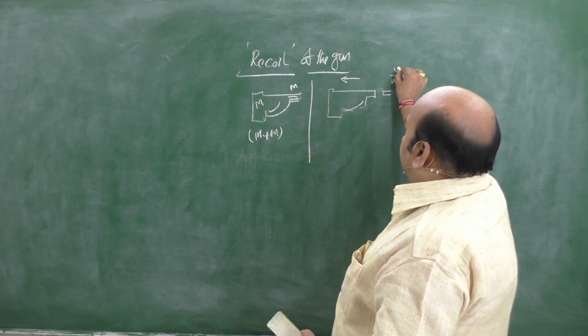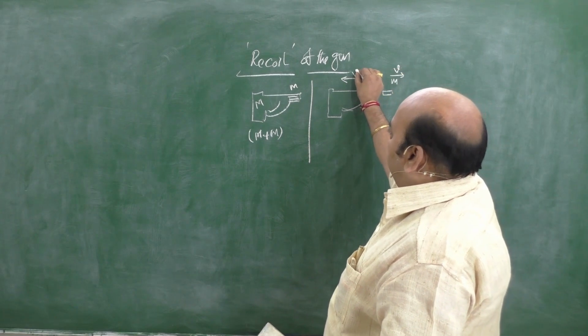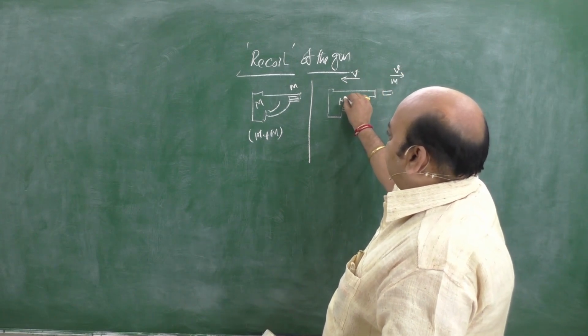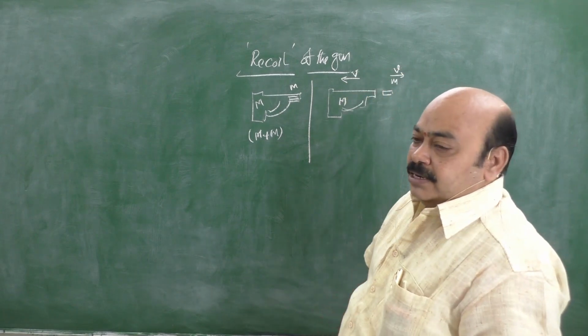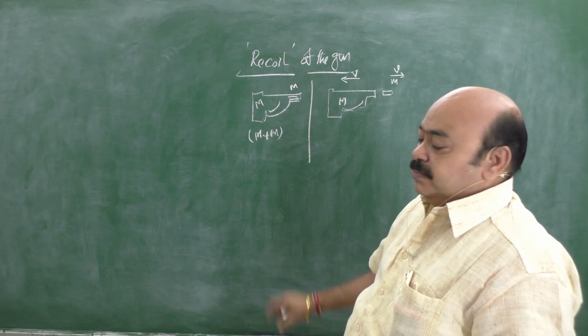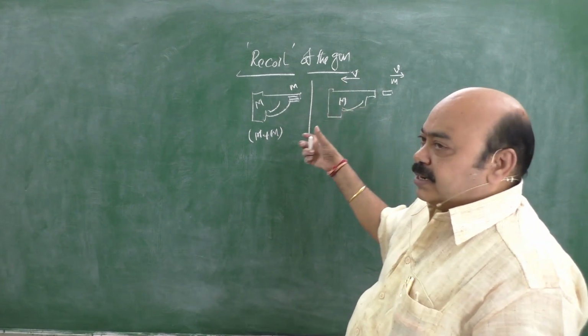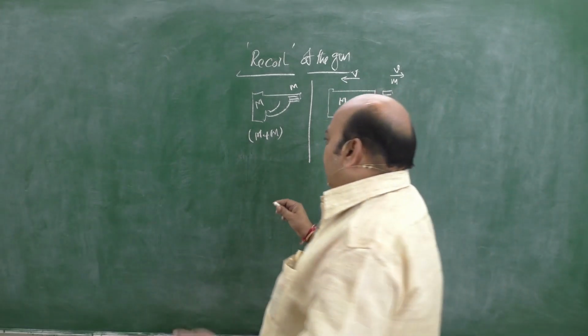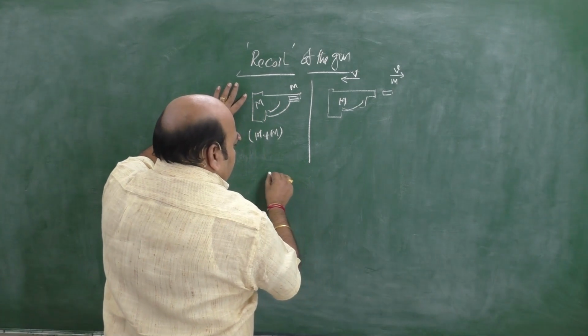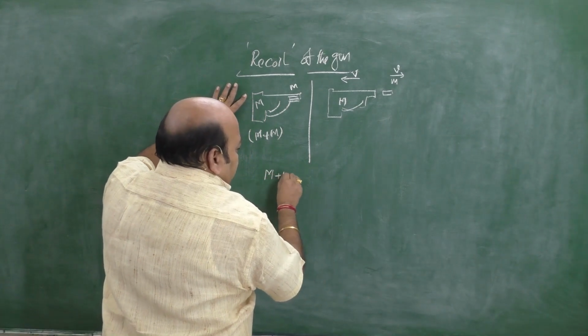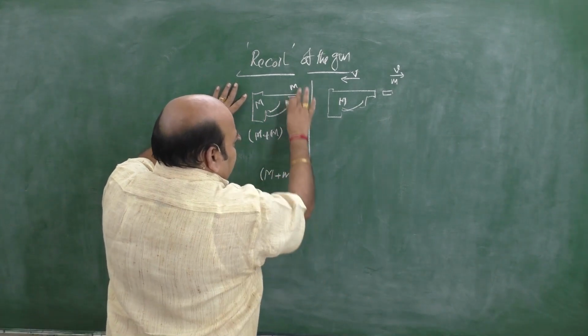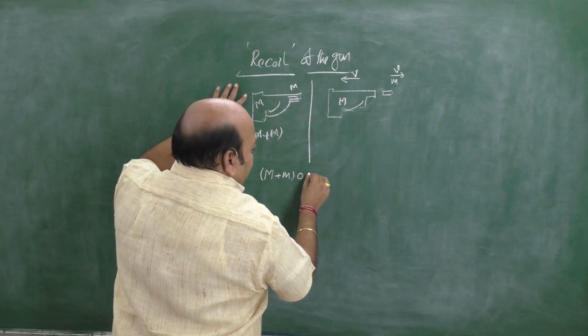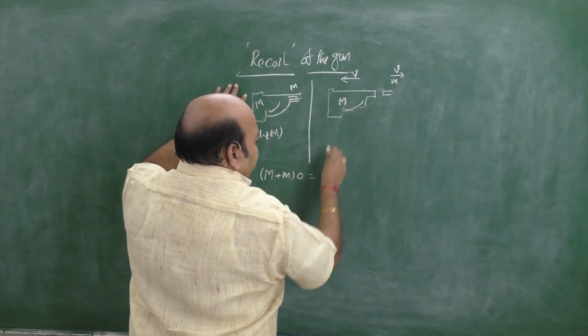Small v be the velocity of the bullet, and capital V be the velocity of the gun whose mass is capital M. According to the law of conservation of momentum, the total momentum before impact is equal to total momentum after impact. Total momentum before impact is capital M plus small m times the velocity, and initially this system is at rest, that's why this is 0. This is equal to after impact.